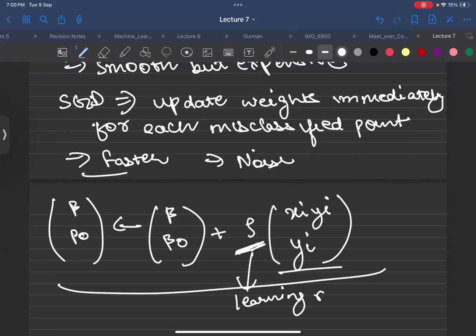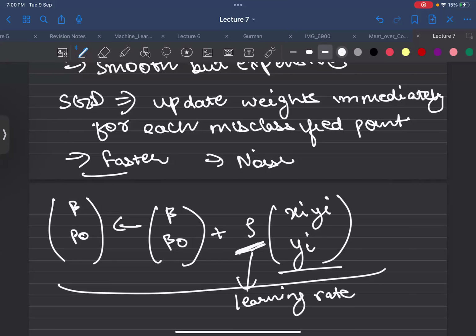Now, can you explain this equation first so that I know everyone is getting it? Any one of you? I want everyone to participate in the class.